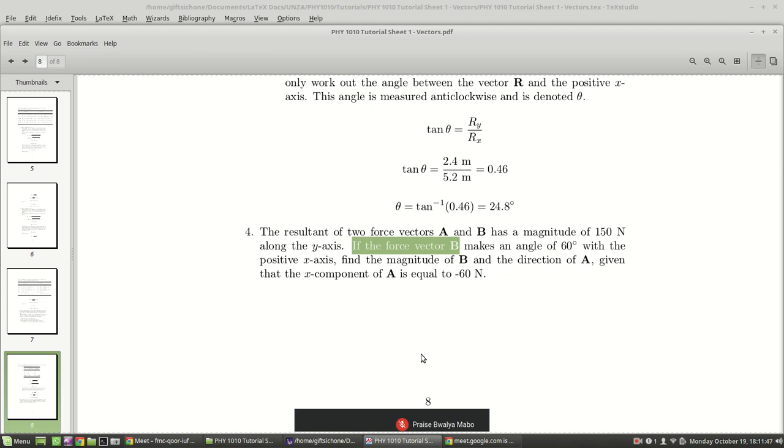From that statement, we're told that it makes an angle of 60 degrees with the positive x-axis.